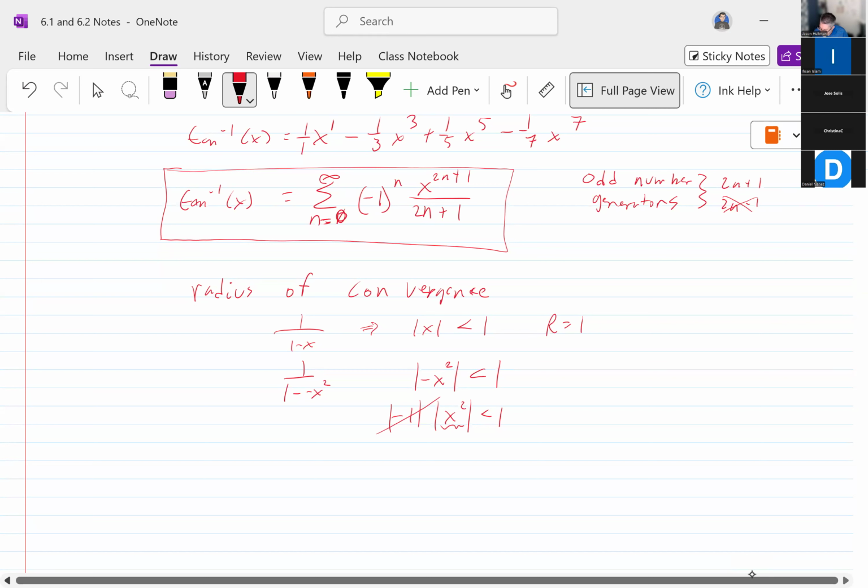So what could x possibly have been? Well, we could pull the square outside, and then take the square root of both sides.